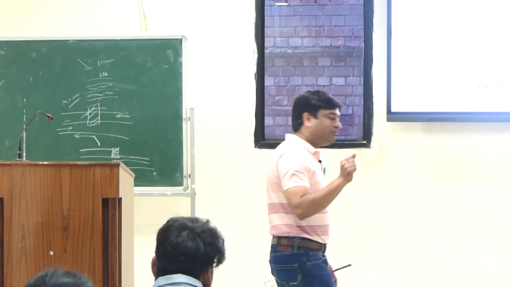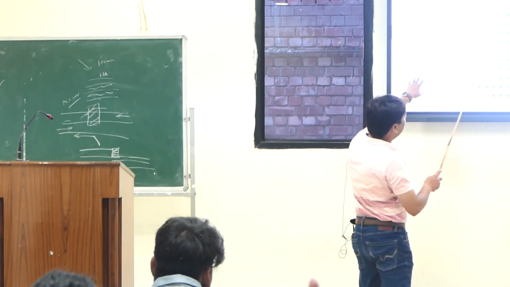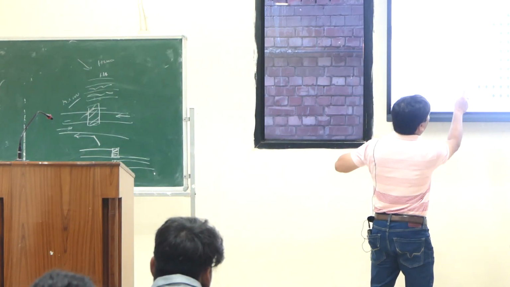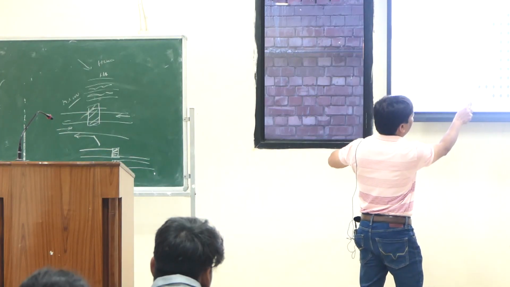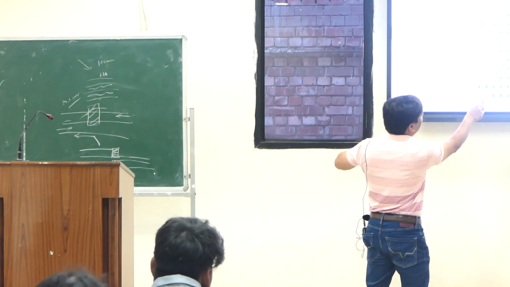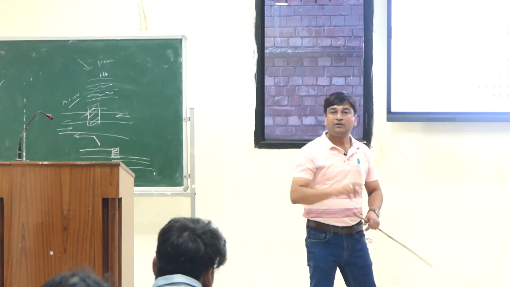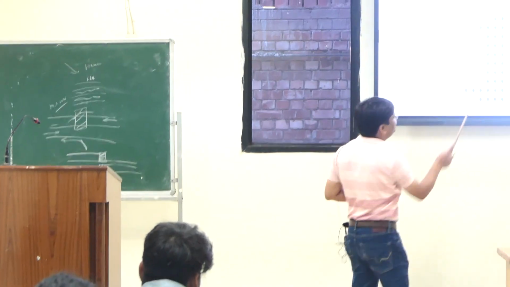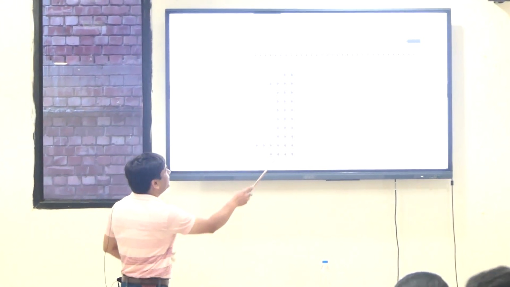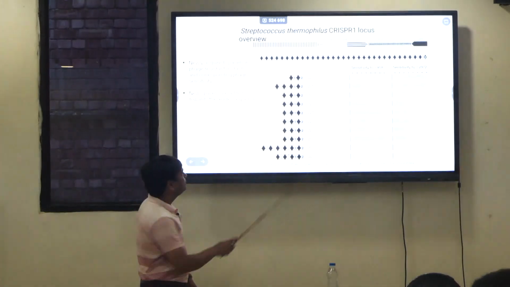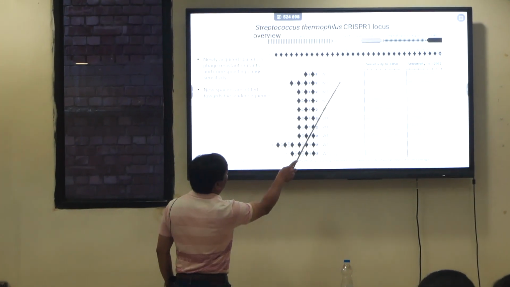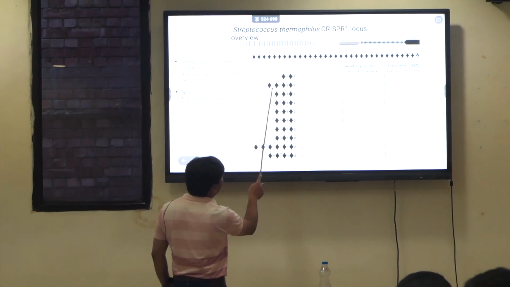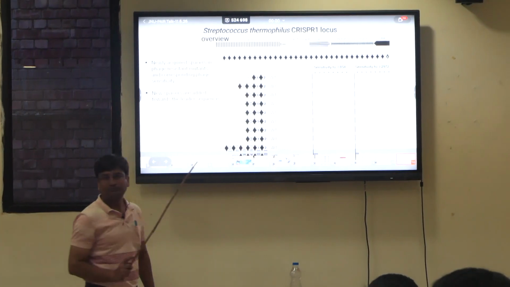Okay, now again they showed that this is the wild type sequence. One of these stretches has been expanded here: leader sequence, repeat, spacer 1, repeat, spacer 2. Now focus on the bacteria that is resistant to one of these phages, let's say 858. This particular bacteria has the spacer sequences S1 and S2.